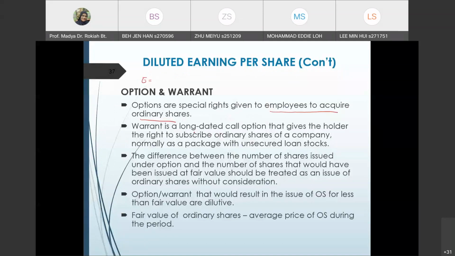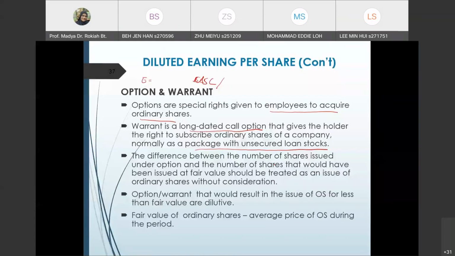Warrants here are related with a long-dated call option that gives the holder the right to subscribe for ordinary shares of a company. Normally, it's a package with unsecured loans. This one is related with the unsecured loan, or with your loans, current loan, secured loan. So it gives you a warrant. So let's say the holders can convert the loans into ordinary shares.